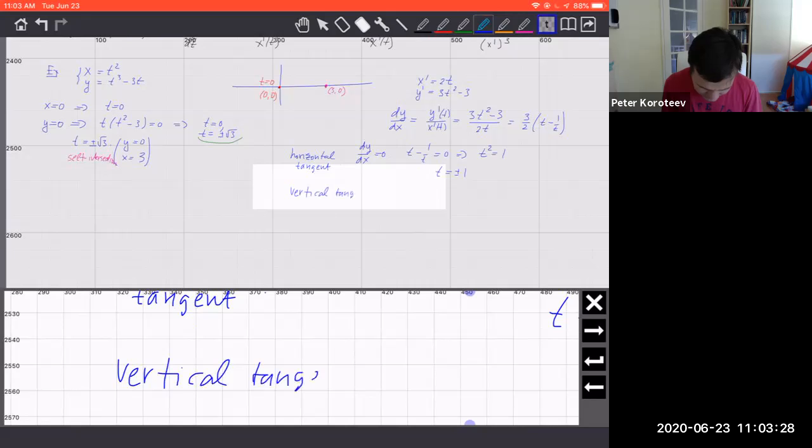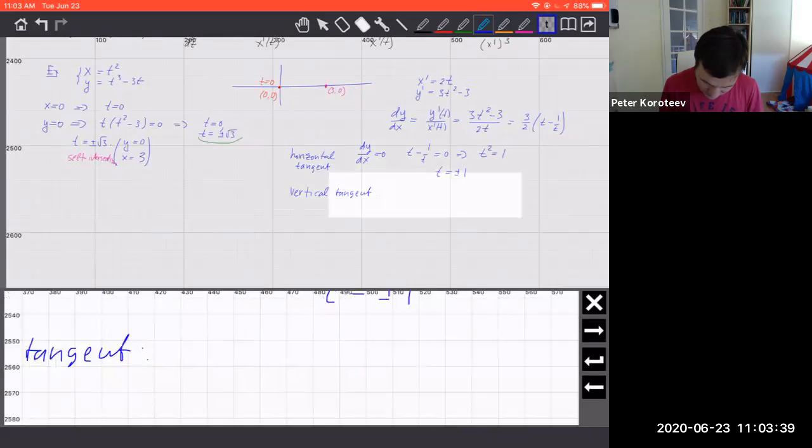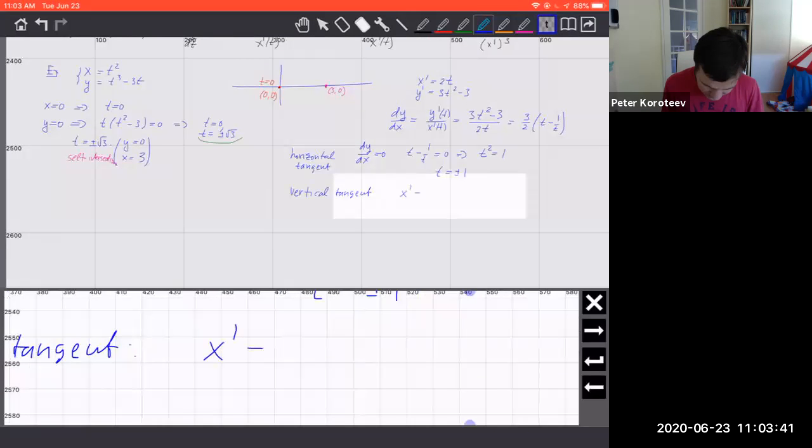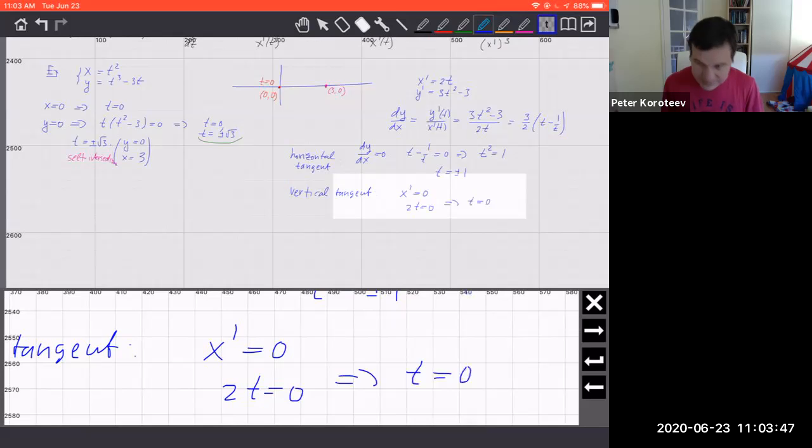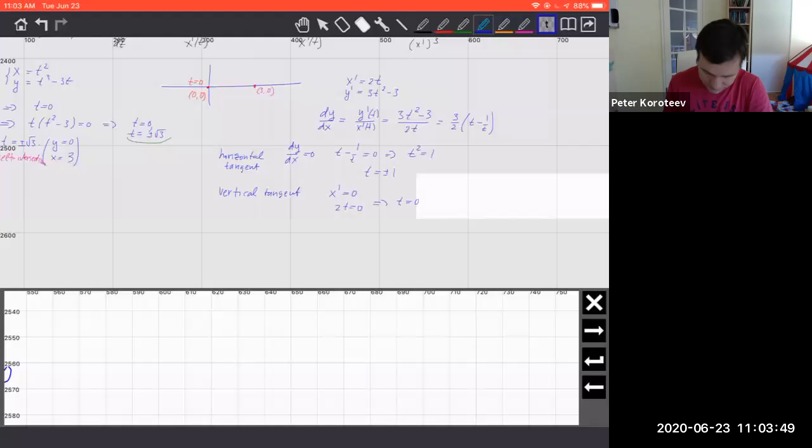We just talked about it. Does anybody remember what has to happen with the function? Yeah, that's right. dx over dt is equal to 0. So x prime is equal to 0, or 2t is equal to 0. So therefore, t is equal to 0. So at t is equal to 0, the tangent is vertical.